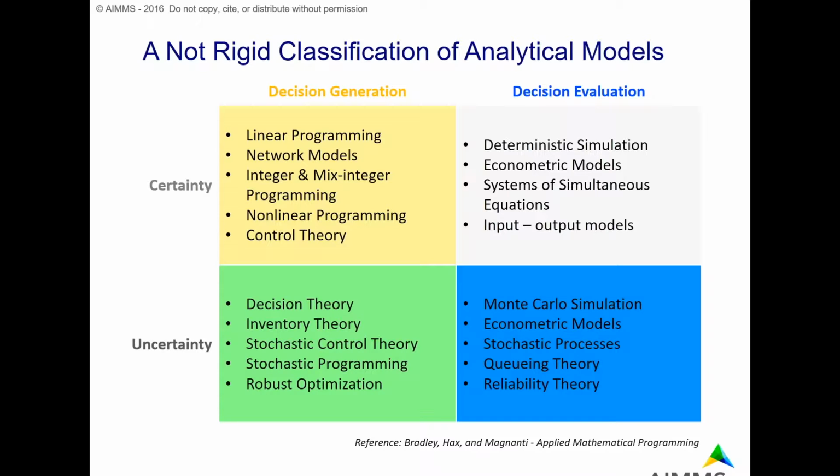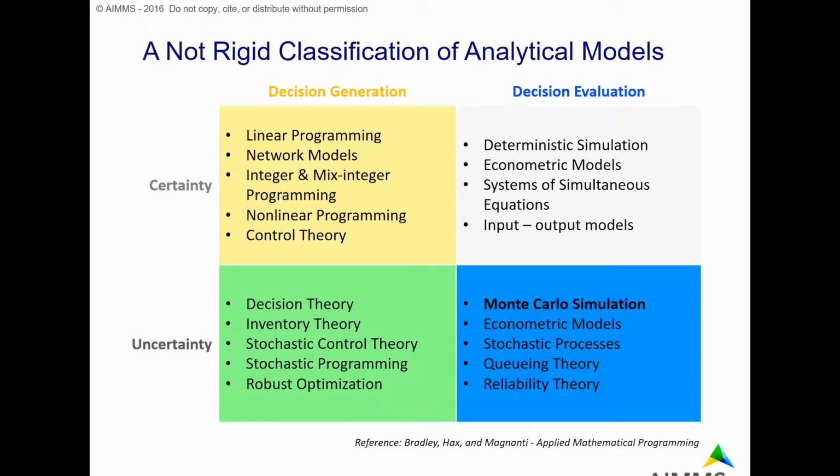Stochastic programming handles uncertainty by associating inputs with probabilities and generating a decision to optimize the expected objective. On the other hand, robust optimization generates a decision valid for all scenarios. If you are interested in knowing more, my colleague Video Listis has a webinar available on the AIMMS website talking about stochastic programming.